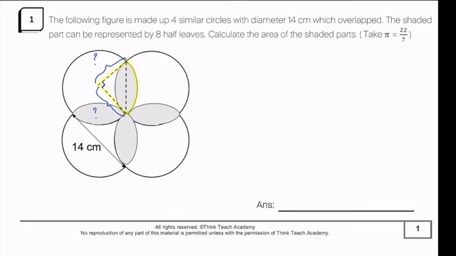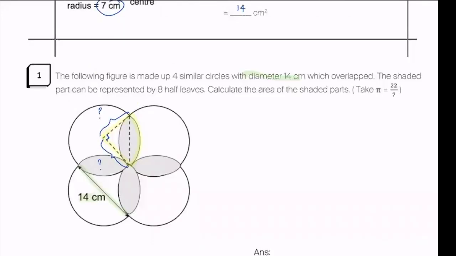Next: 4 similar circles with diameter 14 centimeters, which overlap. This is the diameter of the circle. So what is the radius of the circle? The radius of the circle would be the radius of the quadrant also. For those who are lost, look at this.